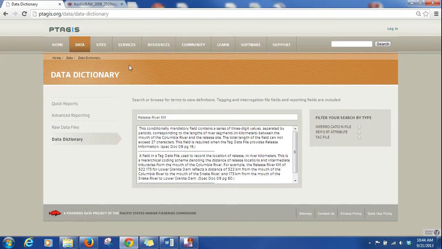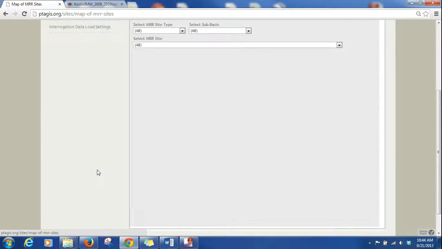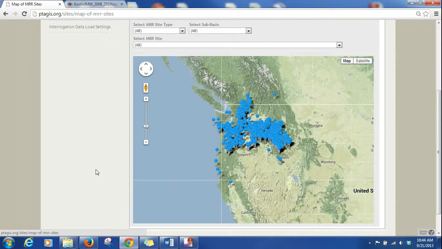And that is it for, oh no, I wanted to show one more thing. You can also look at where the different sites are, where information is gathered. Let's look first at a map of the MARC recapture locations. These are MARC recapture recovery sites, such as those that we visited in the Asotin field trip. You can see that there's a lot of them throughout Oregon, Washington, Idaho, and even California and up into Canada.